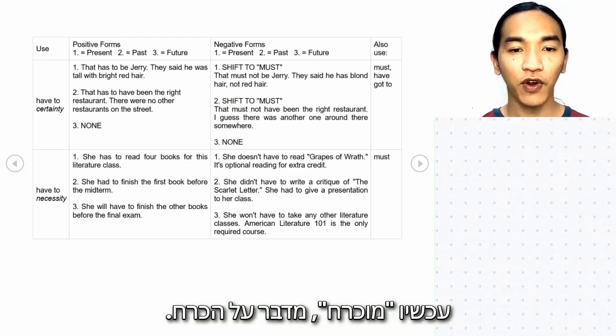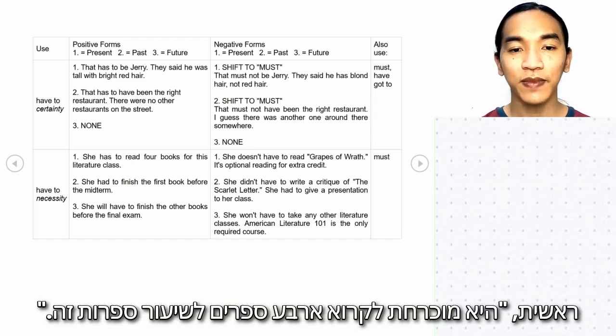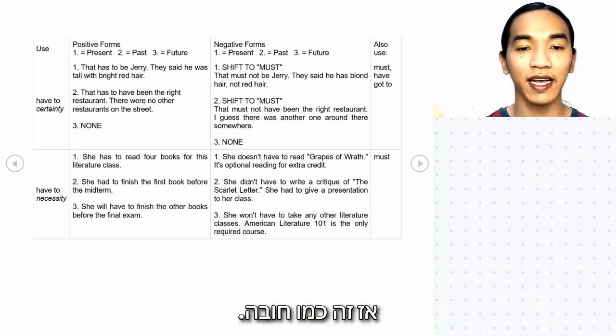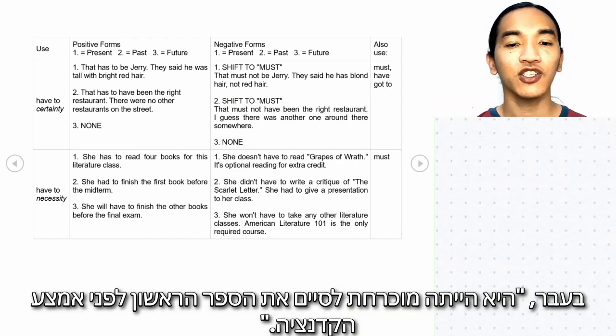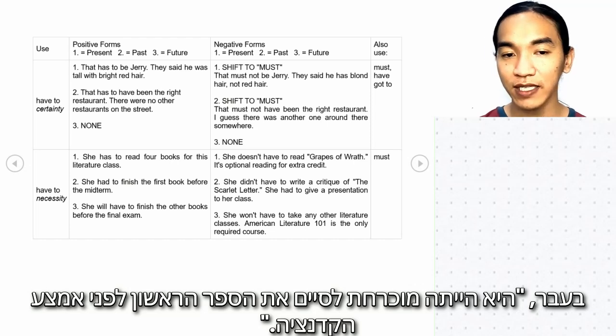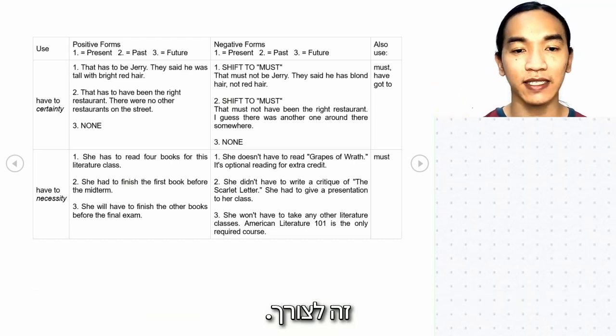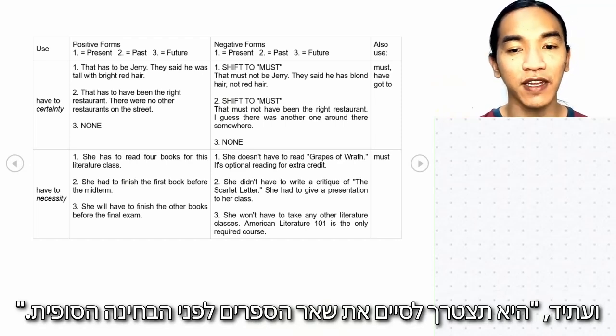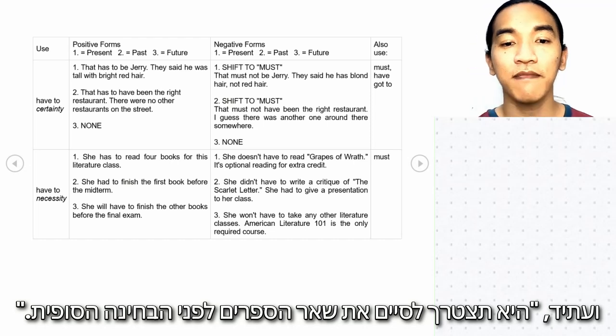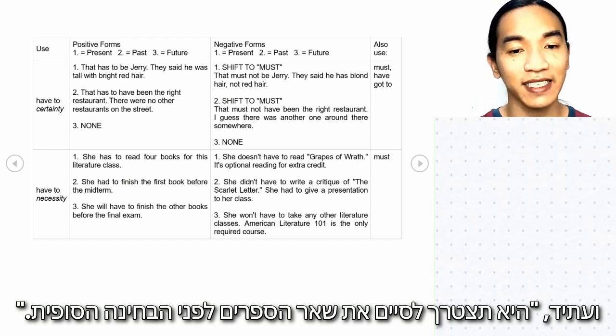Now, for have to, talking about necessity. First, she has to read four books for this literature class. So it's like a must. You need to do it. For the past, she had to finish the first book before the midterm. This is for necessity. And for the future, she will have to finish the other books before the final exam.